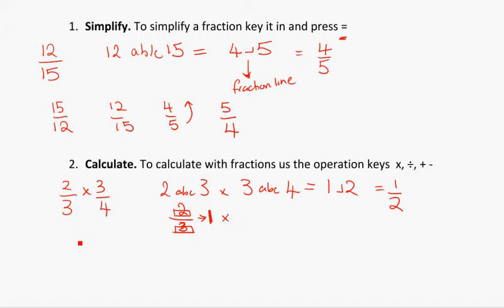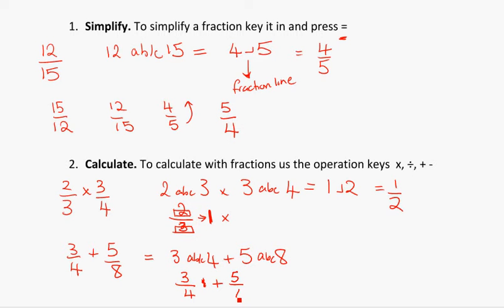Okay, another example, let's add 3/4 plus 5/8. Key it in, 3 ABC 4 plus 5 ABC 8. Of course, with the newer ones, you'll be doing 3, 4, get the cursor in the middle, plus 5, 8.